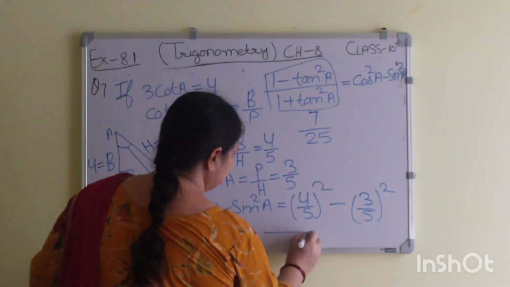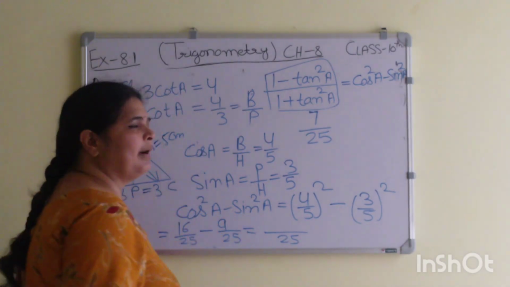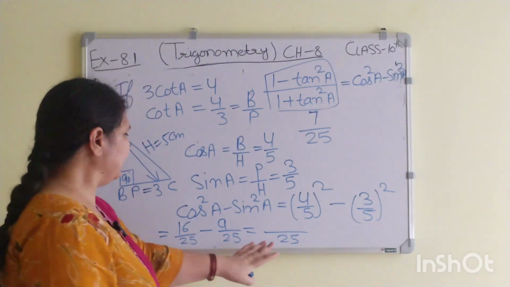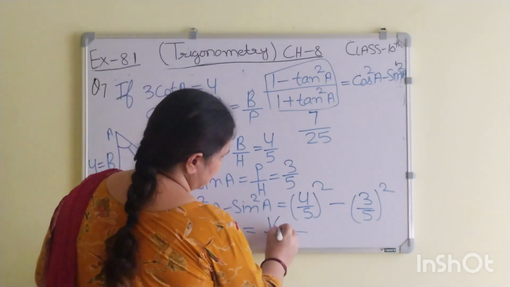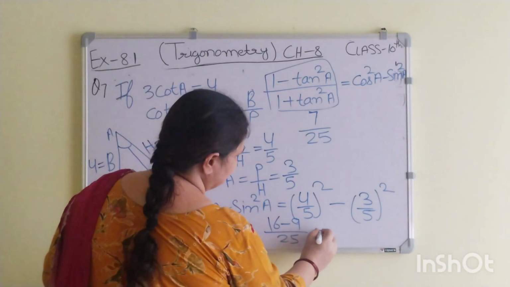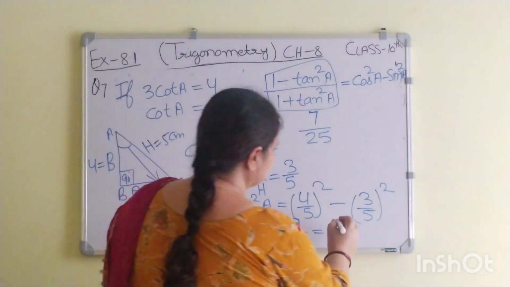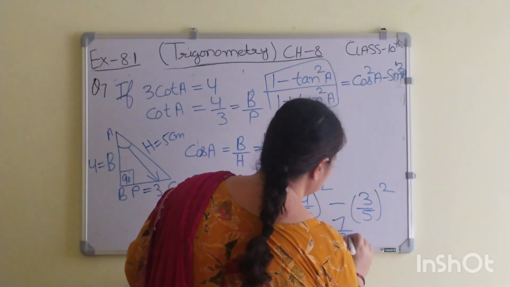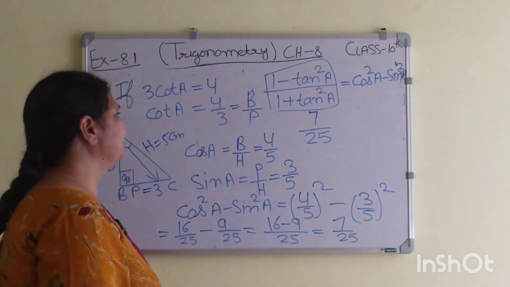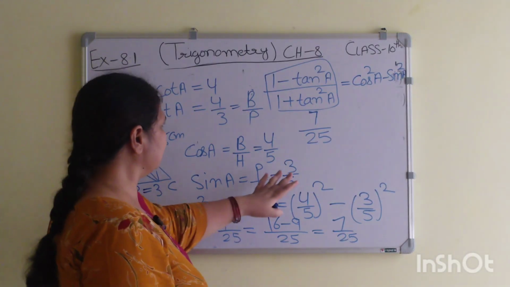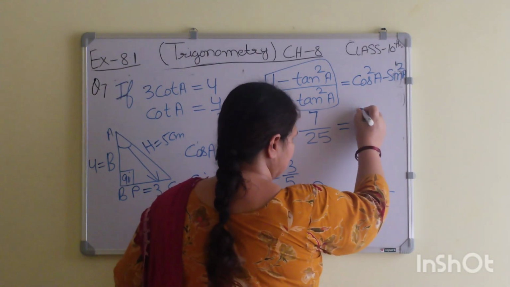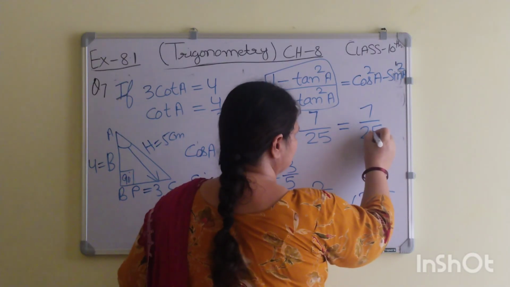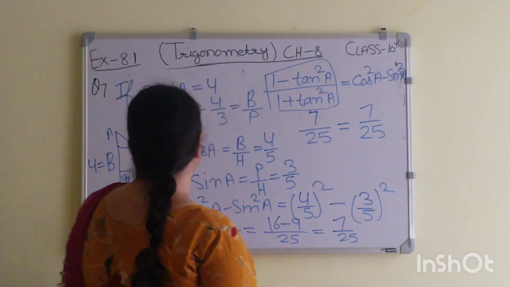Here LCM will be 25, and 16 minus 9 is equal to 7/25. So look students, the value of cos square A minus sin square A is equal to 7/25.